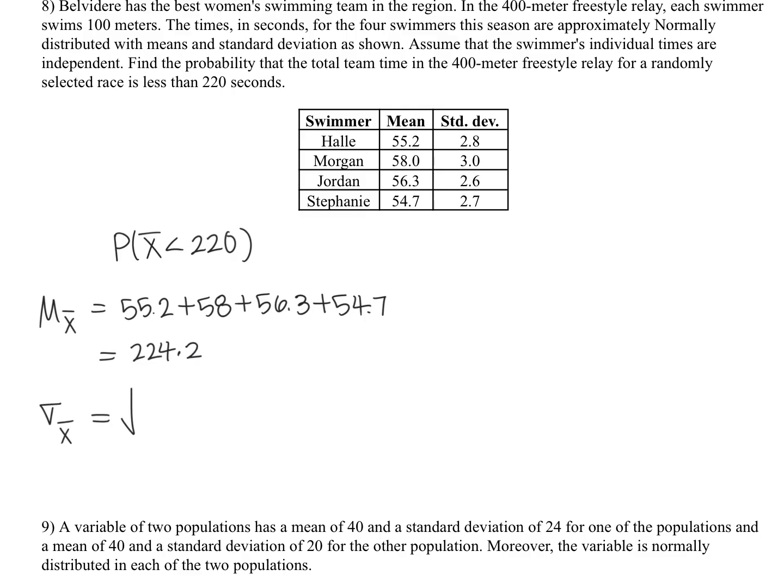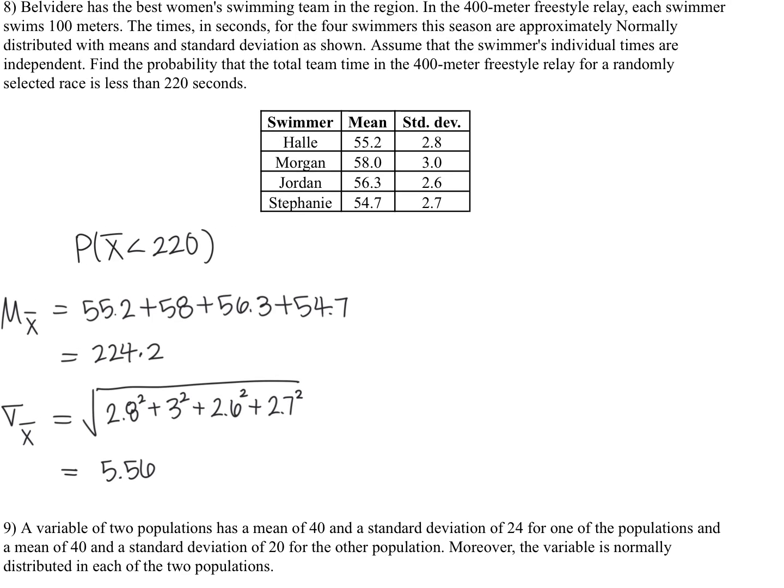So the standard deviation is the square root of the sum of each standard deviation squared. So it's the square root of 2.8 squared plus 3 squared plus 2.6 squared plus 2.7 squared. We're going to get 5.56. So even though the mean and standard deviation are slightly different, we then do normal CDF just like normal.